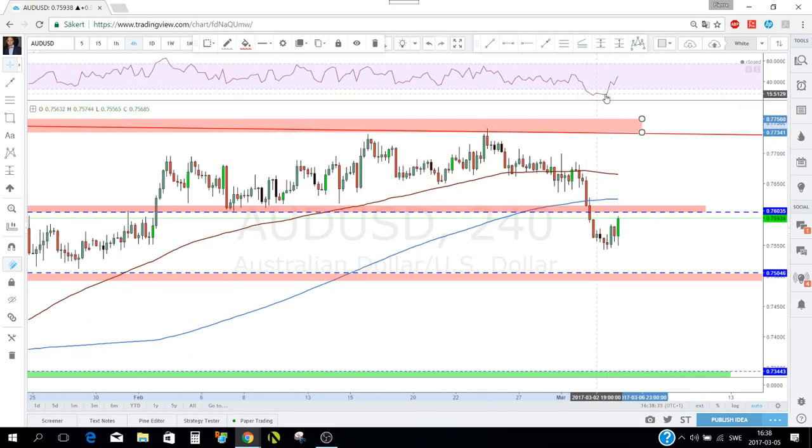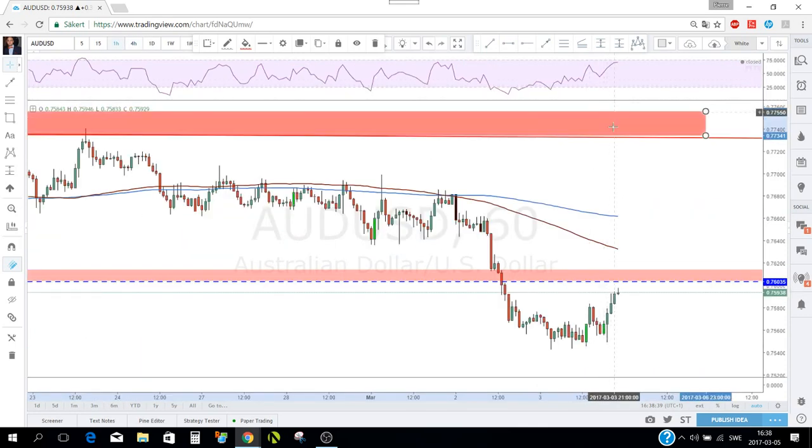And as you see, the RSI on the 4-hour was really oversold, and if you go down to the 1-hour, you see that we have this multiple touch or a triple bottom here, and the RSI was making higher highs. So this up move was already from this area up here.